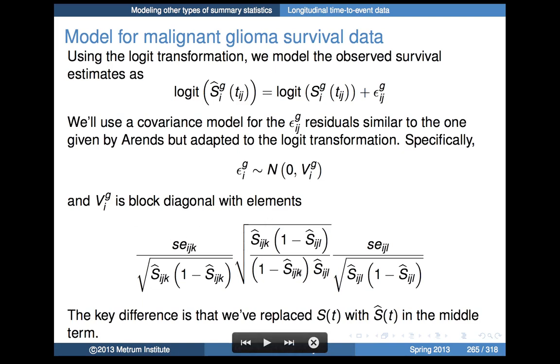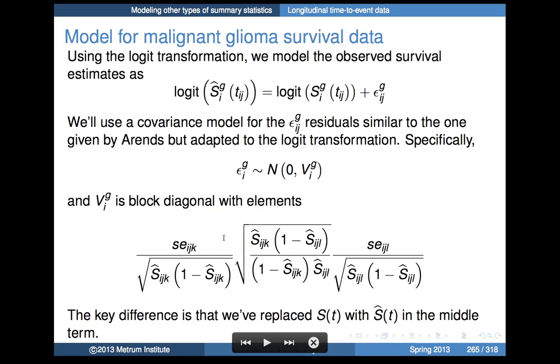Now, again, the correlations are the same as we had before, but now the variance terms are going to depend on the standard error divided by the square root of S hat ijk times 1 minus S hat ijk. And so the fundamental difference here between what was done in the Ahrens paper is that I'm using the logit transformation rather than the log minus log.